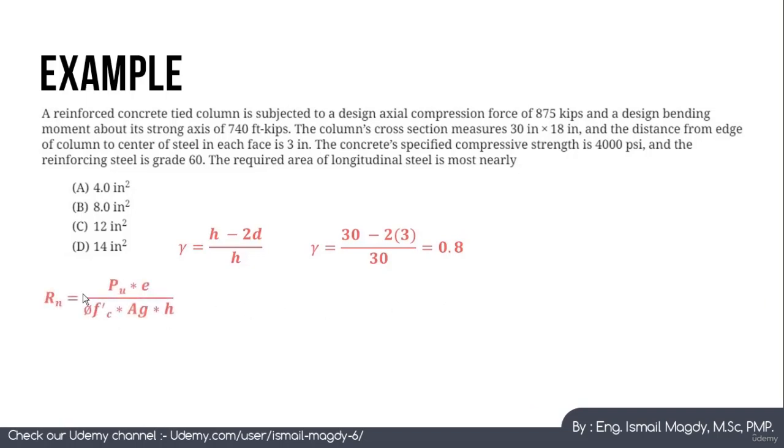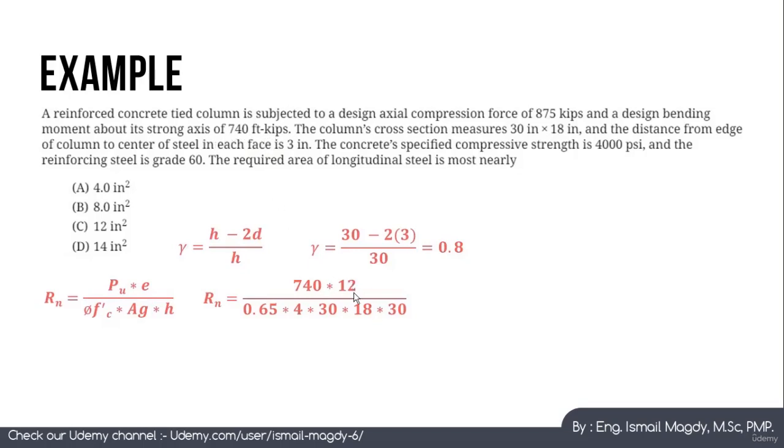We will start by calculating Rn, which equals P ultimate multiplied by e, which is moment ultimate over P ultimate, over phi f'c Ag h. We choose this equation because here it is saying that this is the design axial compression force. So this is the value you are going to use. 740 for the moment here, which is 740 feet-kips.